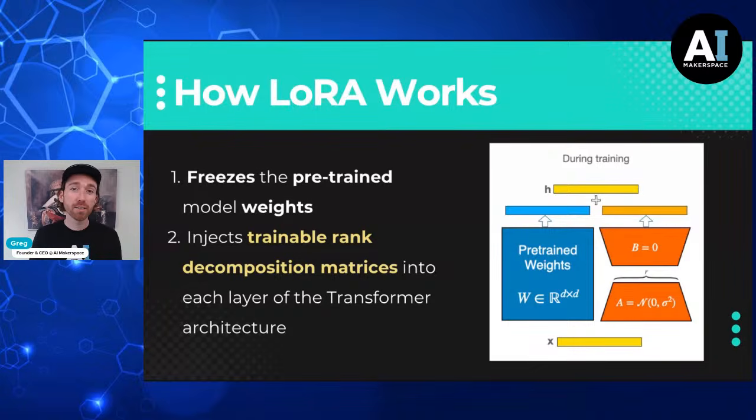Then we want to be able to create these adapters, these injectable, trainable, rank decomposition matrices that we can plug and play into our pre-trained model weights, into our initial LLM that we downloaded. And so these plug and play adapters are made up of these rank decomposition matrices.